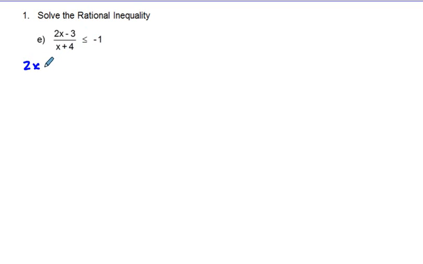therefore as (2x minus 3) over (x plus 4) plus 1 is less than or equal to 0. Now our common denominator will be x plus 4. So in these things we want to get a common denominator. Let's do that.